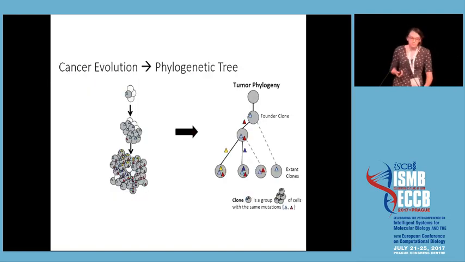As with any evolutionary process, we can model cancer evolution as a phylogenetic tree, where the nodes correspond to clones, which are collections of cells that have the same set of somatic mutations. And the edges correspond to direct ancestral relationships between these clones.